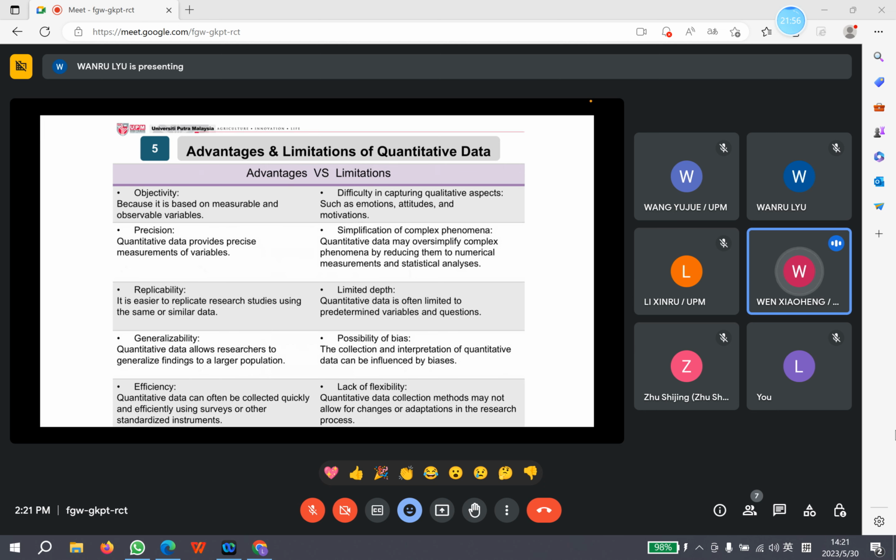Quantitative data is often limited to predetermined variables and questions. And there is also the possibility of bias. The collection and interpretation of quantitative data can be influenced by bias. The last limitation is lack of flexibility. Quantitative data collection methods may not allow for changes or adaptations in the research process.